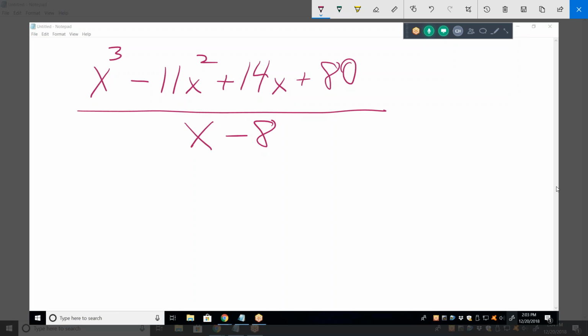Okay, so if I'm going to do synthetic division, something goes in the box. What is it? No, it's whatever the zero is. So what's the zero if x minus 8 is a factor? It's 8.